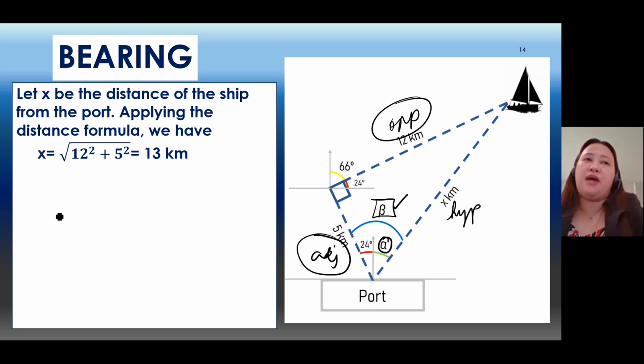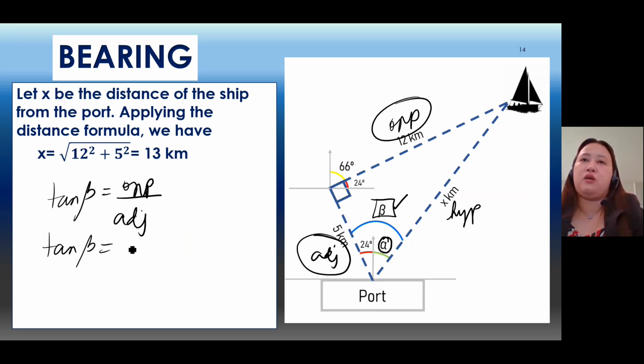Okay, so for the beta, beta is the angle. We have opposite over the adjacent, so we have tangent beta. Substituting, tangent beta equals 12 kilometers over 5 kilometers. So you can cancel the unit. And then we can have beta equals, since we only need the beta, the tangent can be moved to the other side.